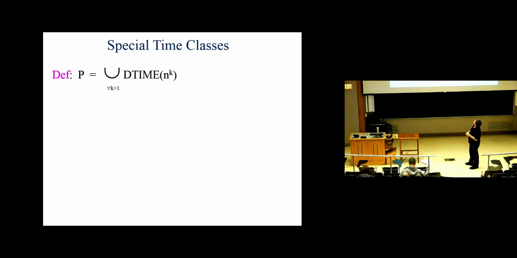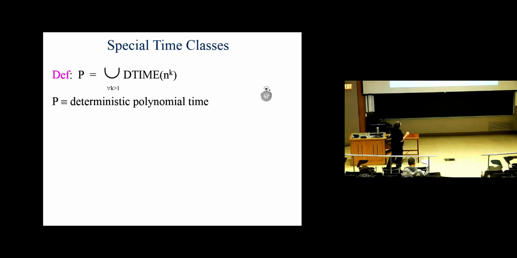So we're going to find special time classes, and we're going to give them names because we happen to use them very often. So the first one is P, and P is the infinite union over all DTIME n to the k for all k. So it's all polynomial time deterministic time classes, and there's an infinite number of them, parameterized by the polynomial exponent k. Right? That's this k here.